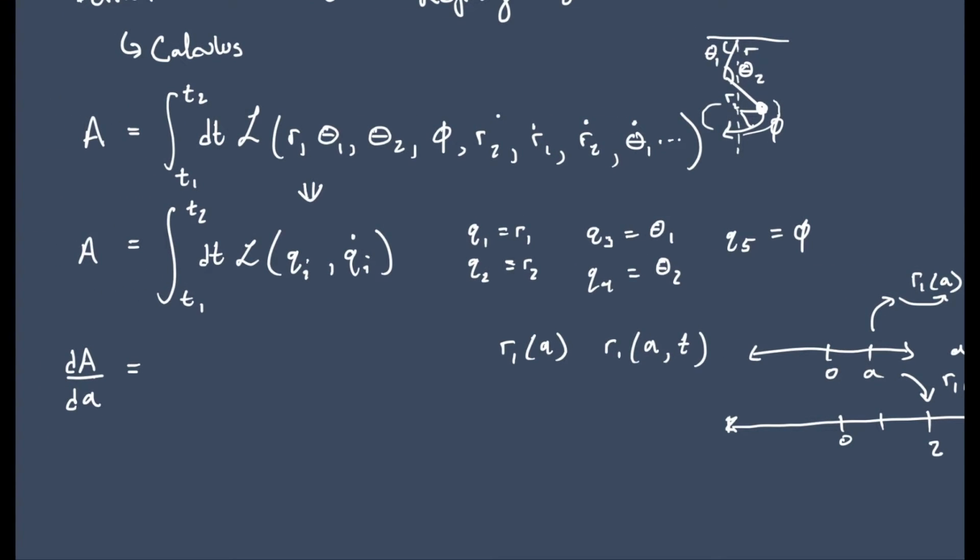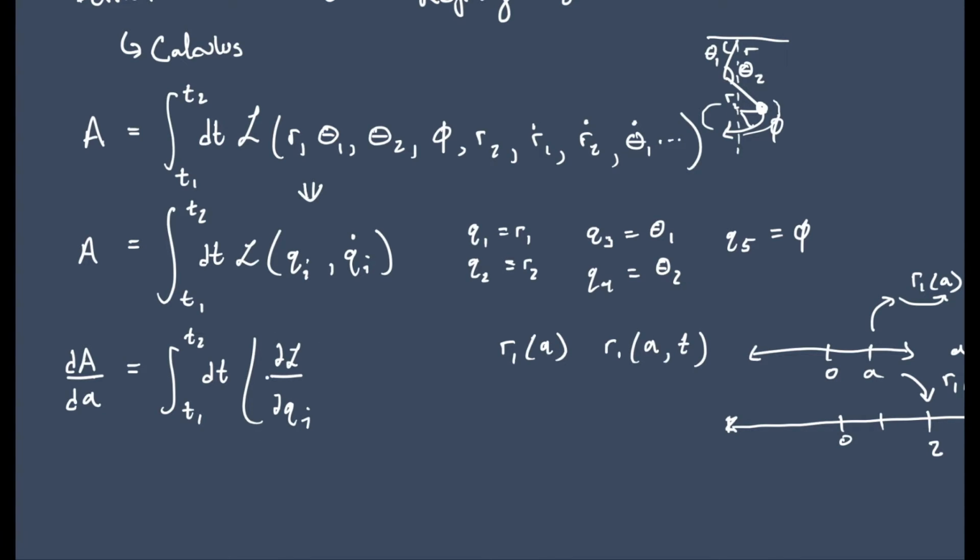And we want to take the derivative of the action with respect to this basis here. And what do we get? We get the integral from t1 to t2 dt. So the first thing we want to do is take the derivative of the Lagrangian with respect to qi.